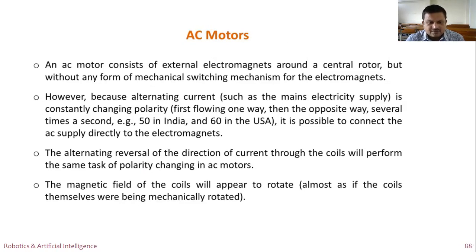The alternating reversal of the direction of current through the coils will perform the same task of polarity changing in AC motors. The magnetic field of the coils will appear to rotate almost as if the coils themselves were being mechanically rotated.